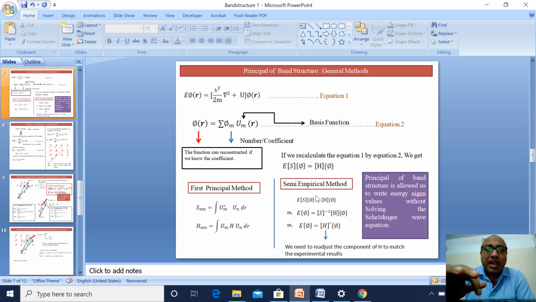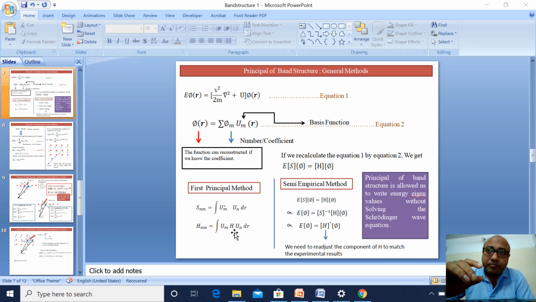Those people who are doing first-principles methods will try to compute each and every component of S and H, like S_nm = integral of U_m star U_n dr, or H_nm = integral of U_m H U_n dr. So H is an operator here.